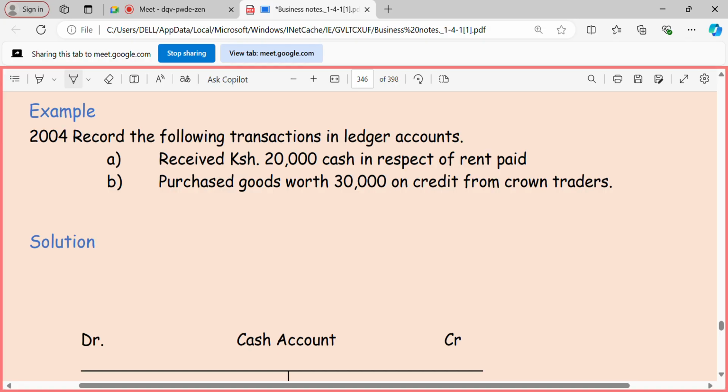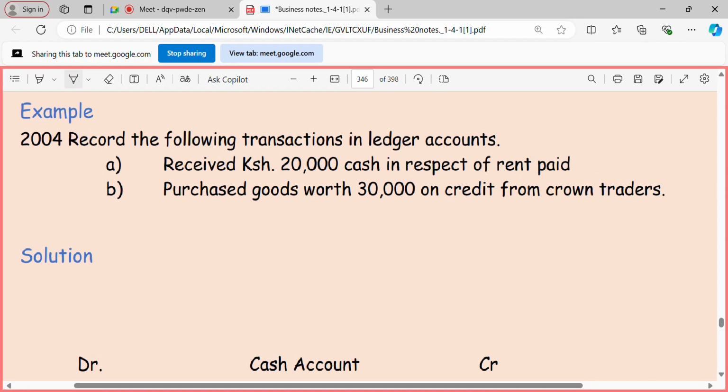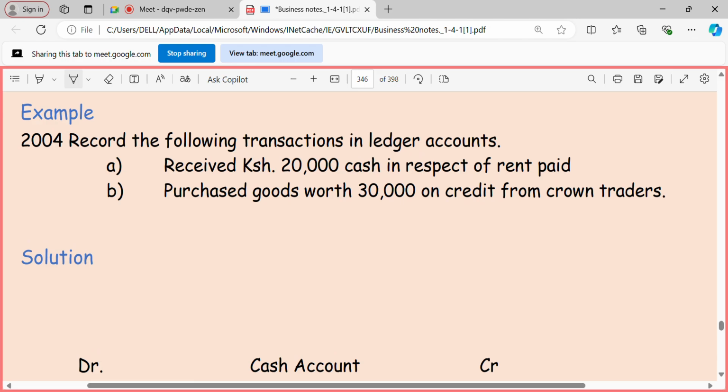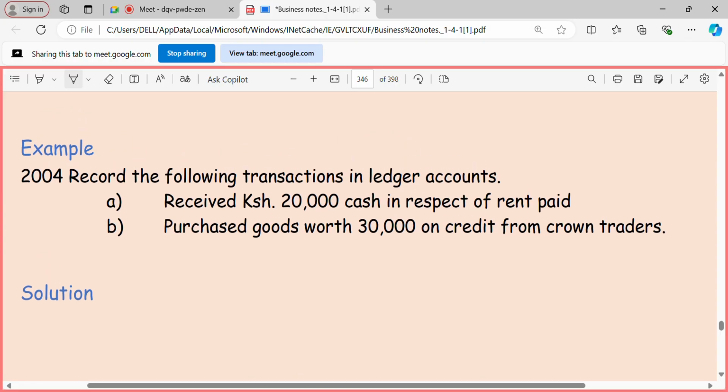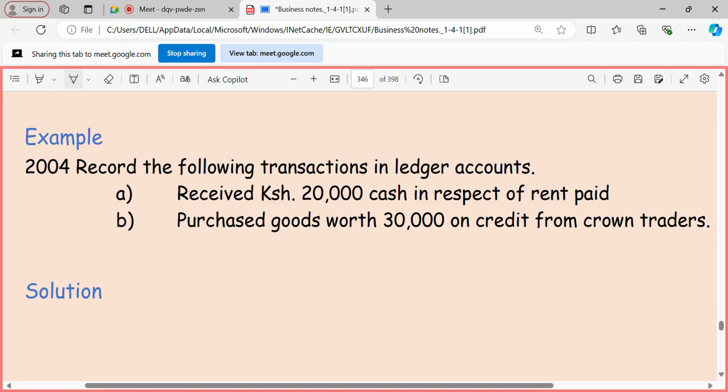Then step 4, determine whether each of the items affected has increased or decreased, because tumeangalia the rules governing ledger entry, and you have seen that there are some rules that you need to follow. So whenever you're reading that transaction, you need to know what increased and what did not. Then lastly, decide the side of account on which to make the record, whether to debit or credit.